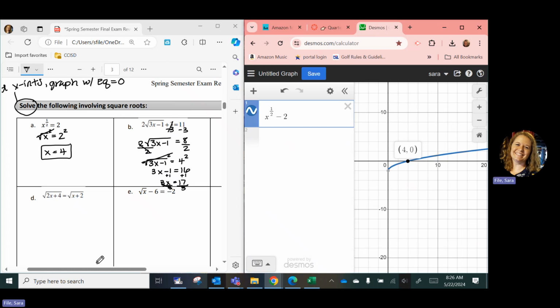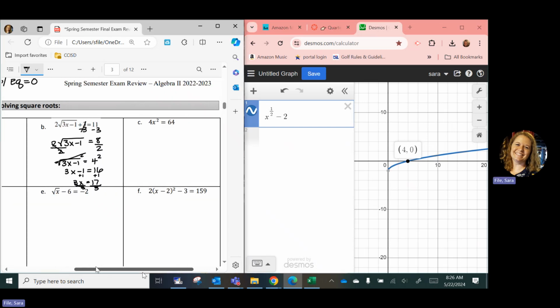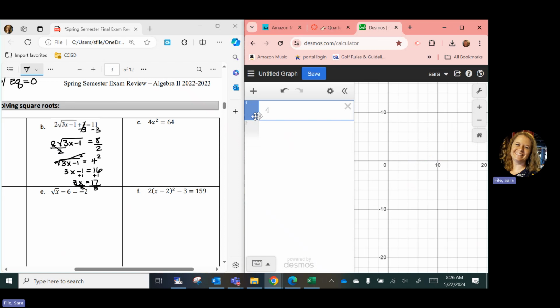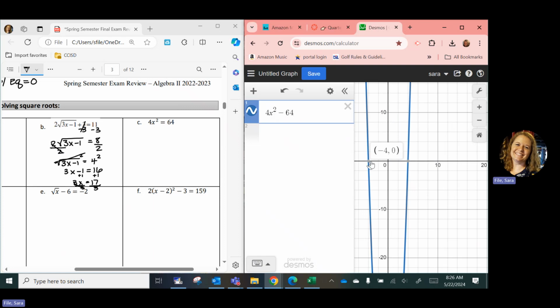Okay, so let's try solving this one just with Desmos. If I were to get this set equal to 0, I would have the left side, which is 4x squared, and then whatever's on the right, I would have to move over. So I would subtract 64. So this is the equation set equal to 0, and I can see my solutions are at -4 and +4. So I don't even have to do it. I guess I did have to do a little bit of algebra.